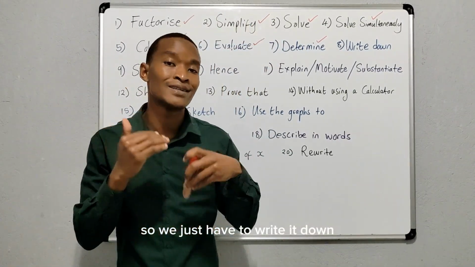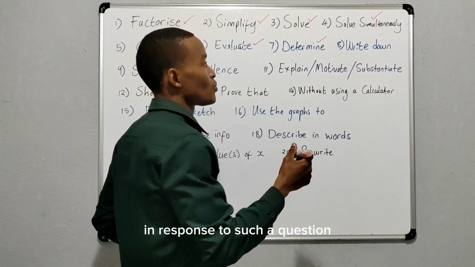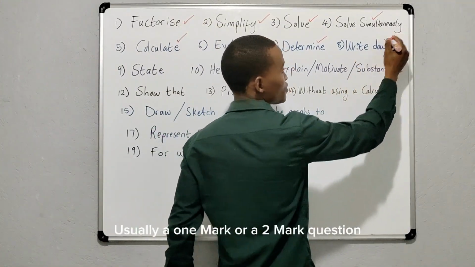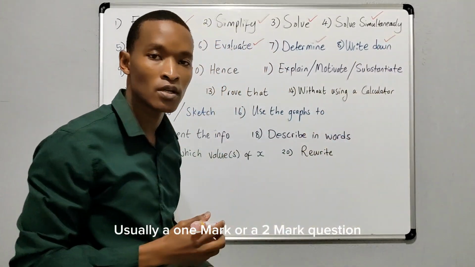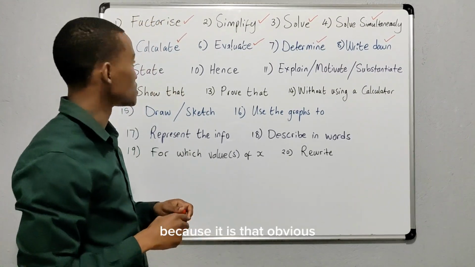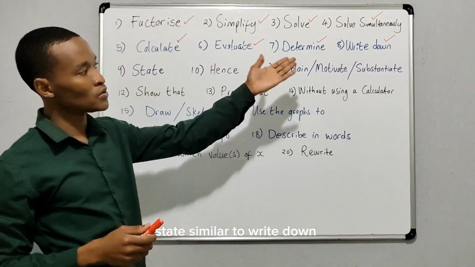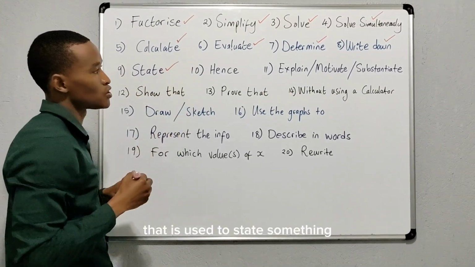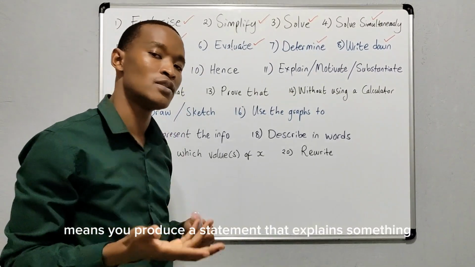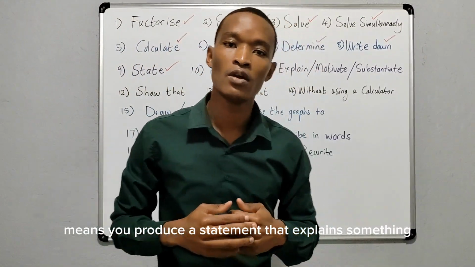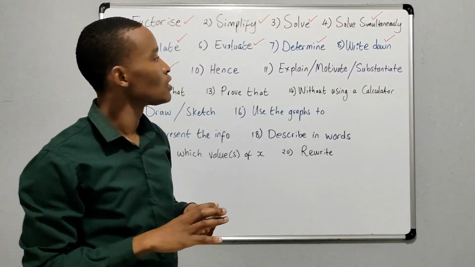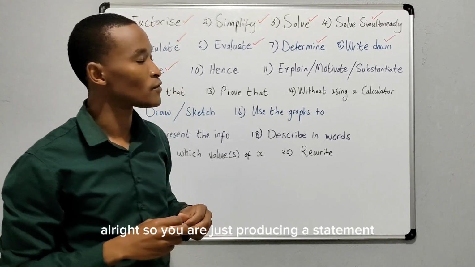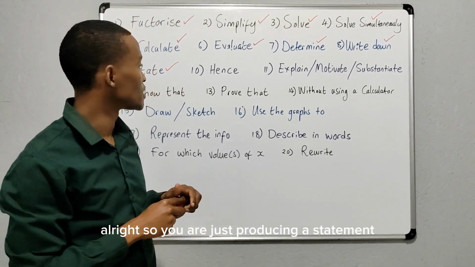So you just have to write it down in response to such a question. Usually a 1 mark or a 2 mark question, not more than that, because it is that obvious. State, similar to write down, is just a synonym there that is used to state something. It means you produce a statement that explains something or that supports your answer or things like that. All right, so you are just producing a statement.